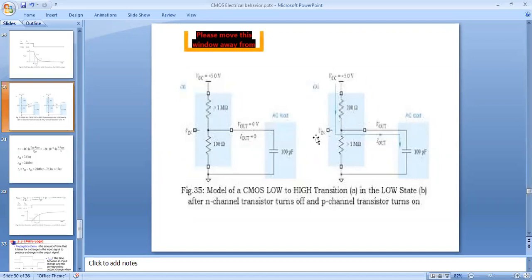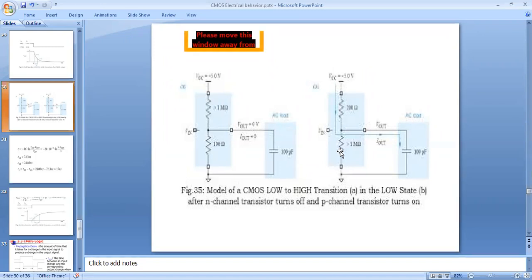Whenever we apply a low input, automatically the P channel transistor goes on. So we have a low resistance here, which is 200 ohms. And the N channel is off, so we consider the resistance as greater than 1 mega ohm. It acts as an off device.